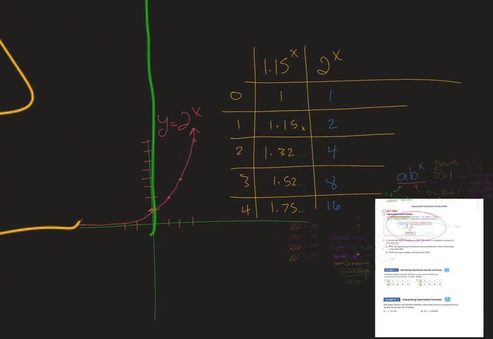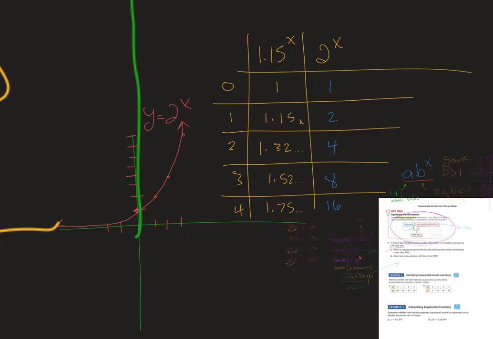In fact, here's this curve. The red one is this one, right? Right here is the red one I'm talking about. So now let me graph the other one. I'll graph it in yellow to match this right here. So at 0, it's 1, just like that one. And then at 1, it's 1.15. So it's just a tiny amount of growth.